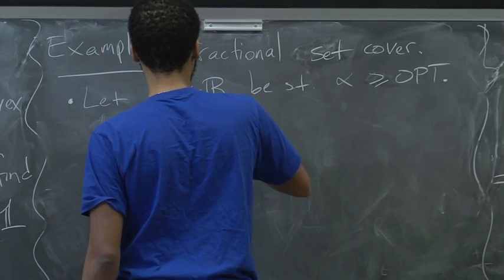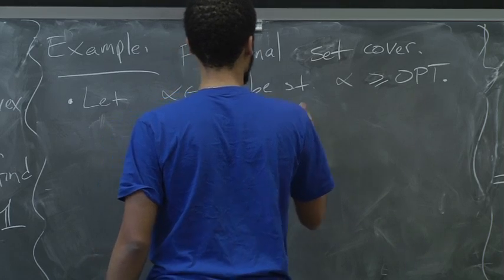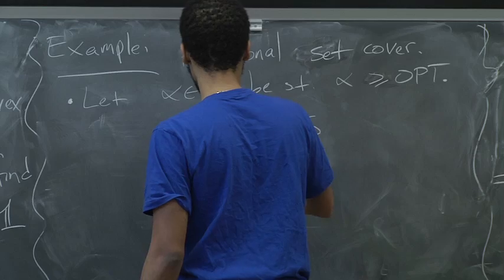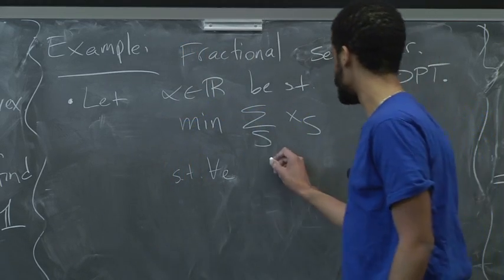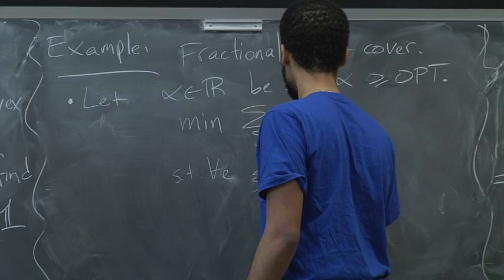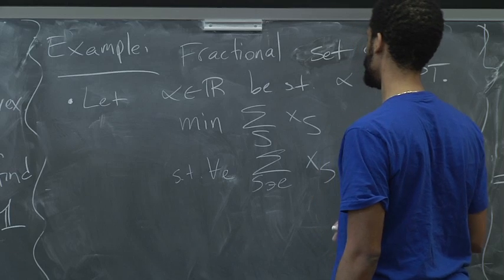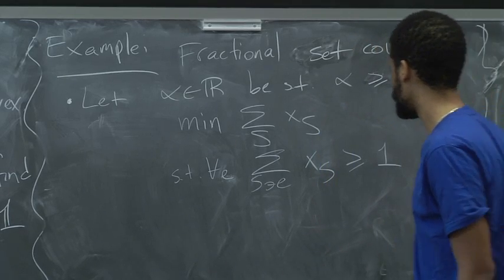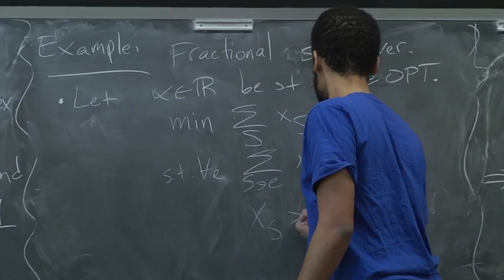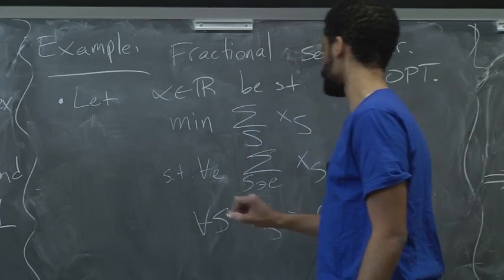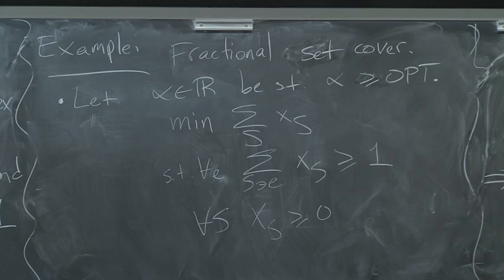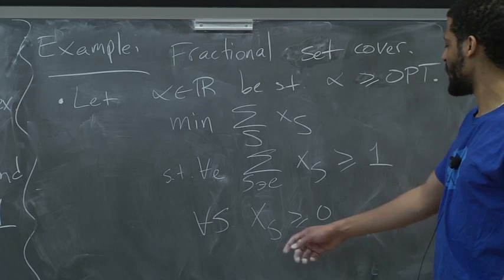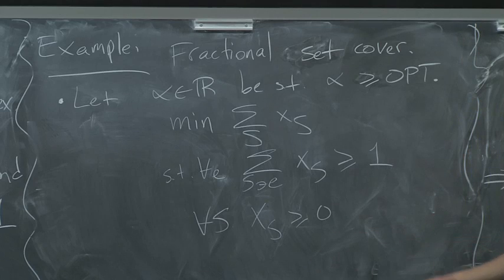So we want to minimize the sum over all sets S of XS such that for all elements E, the sum over all sets containing E of XS should be at least 1, and XS should be at least 0 for all S. Right, so we have a set of elements we want to cover, and we have a collection of sets S. Okay. So in the integral program, you imagine each XS would either be 0 or 1, telling you whether or not you took the set. But here we relax it to a linear constraint.